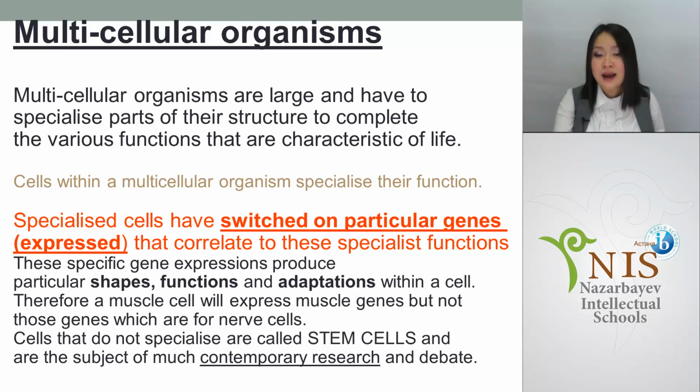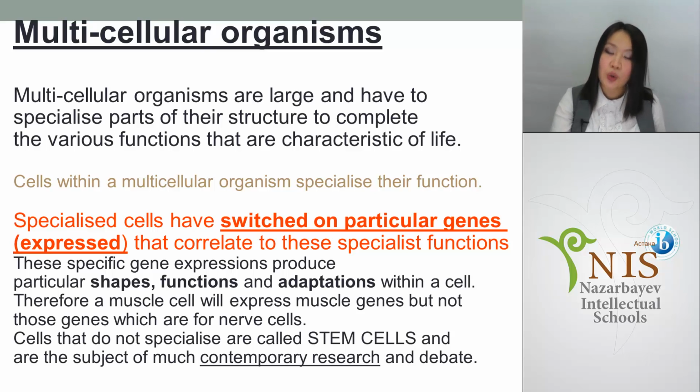Multicellular organisms are large and have to specialize parts of their structure to complete the various functions that are characteristic of life. Cells within a multicellular organism specialize their function. Specialized cells have switched on particular genes expressed that correlate to these specialist functions.